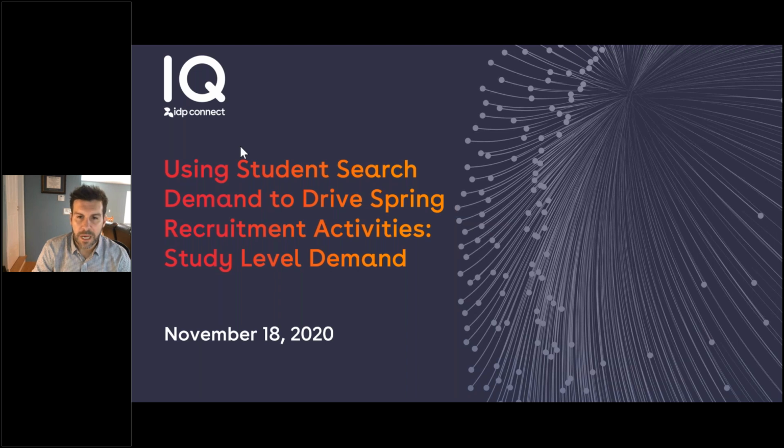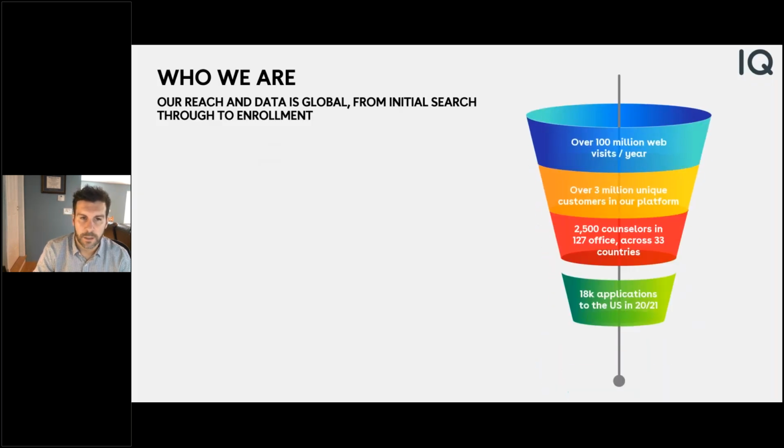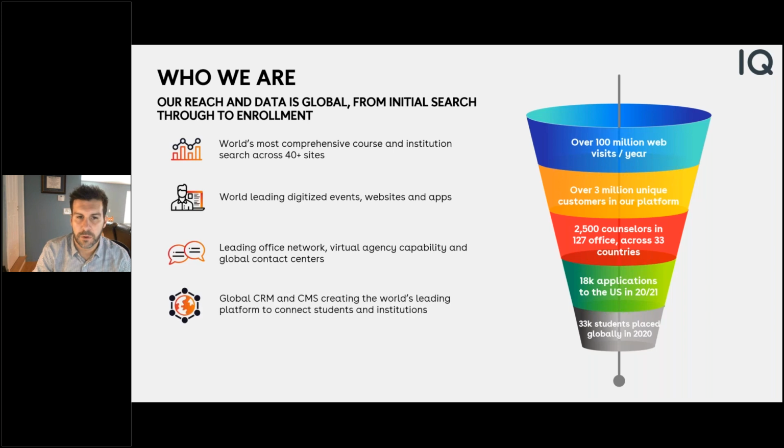Just to give some context and to quantify what Ellie just recently shared about where we get some of this data from. At IDP Connect, we have over 40 websites that get 100 million visits per year. We have over 3 million unique customers in our platform.